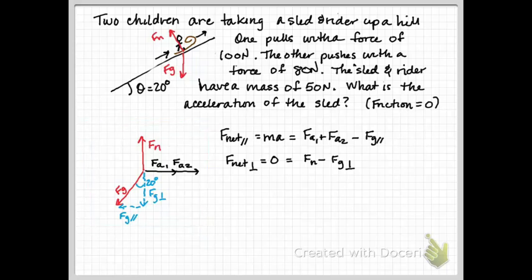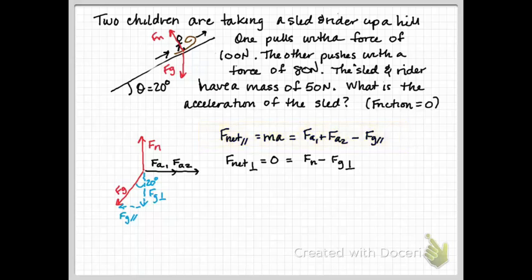Looking at all the parallel forces, we have ma, which would be the net force. In this case, they're dragging that sled up the hill, so it's going to be the sum of the two applied forces minus the parallel component of gravity, or weight.